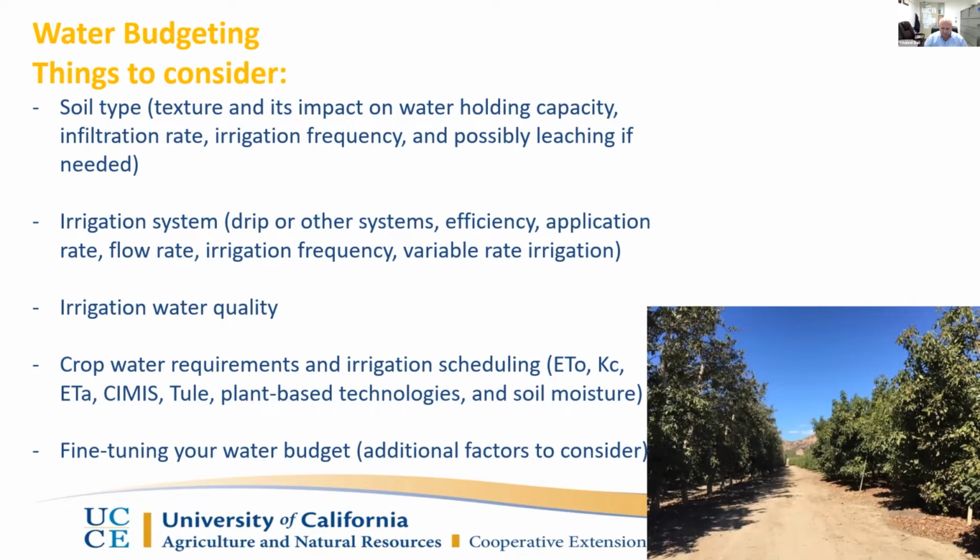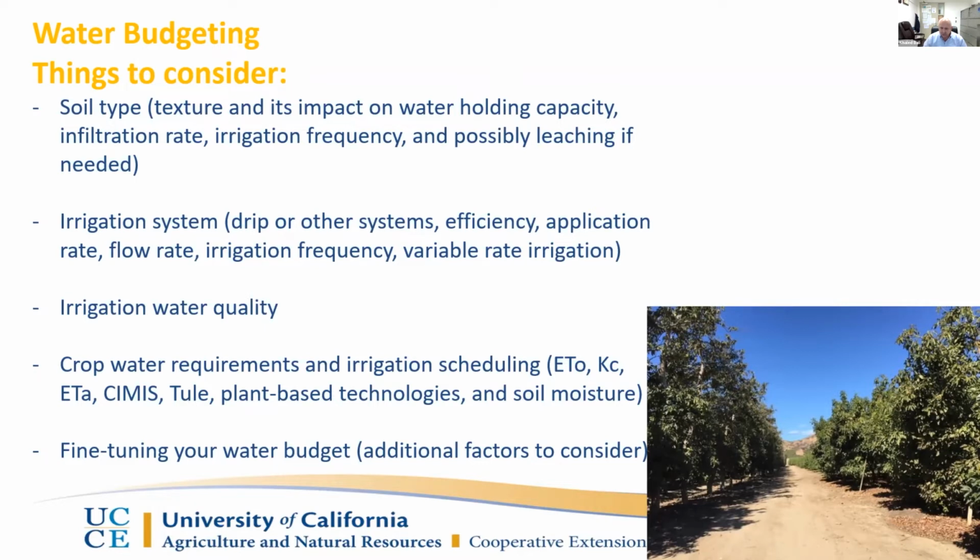Maybe when I get a brand new irrigation system, they will tell me my application rate is 1/10 of an inch per hour during the growing season. And once in a while, at least once a year, I want to check that application rate and check the efficiency of that irrigation system.